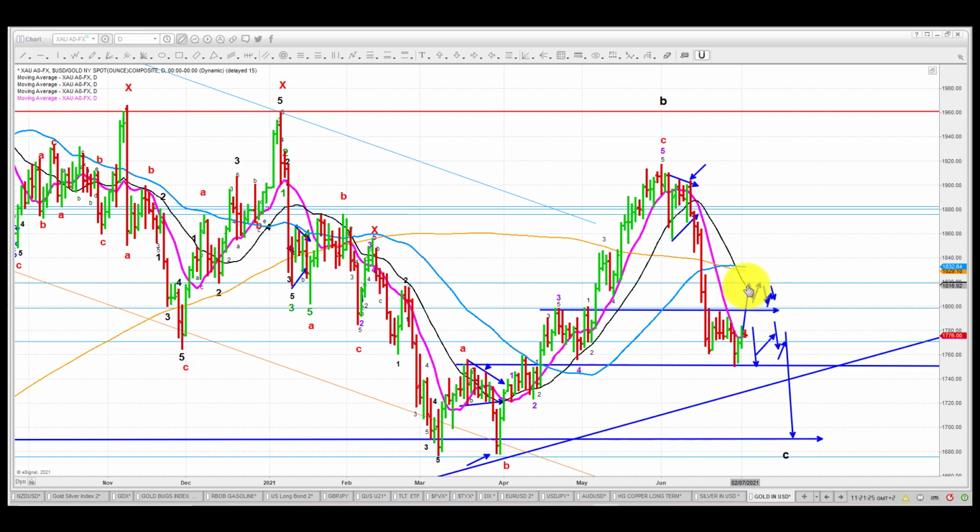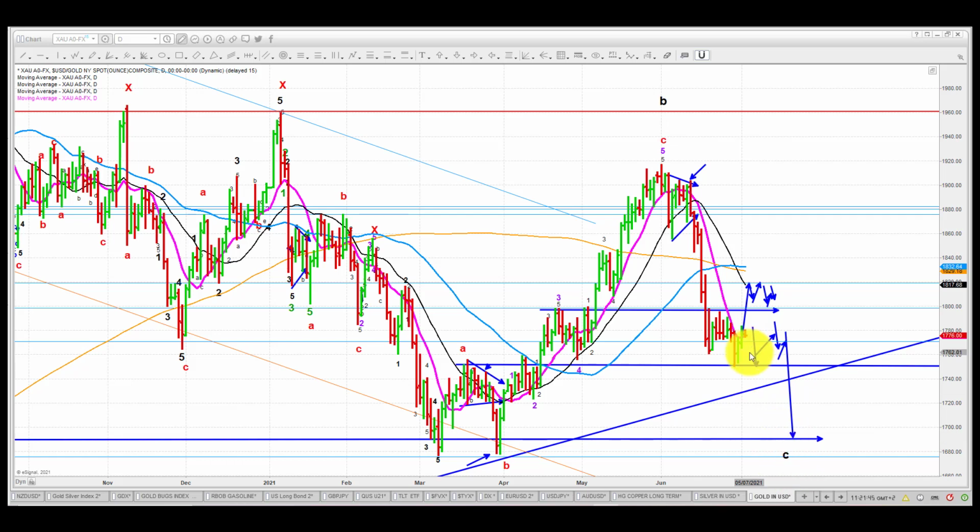If it is unable to mount a rally and sit on top of 1800 for a few days, that's not good. We've seen the 200 coming down, yes, trading down. If it gets stuck here, the message must be that it is heading lower. It's heading back to 1680 and potentially even lower than that.